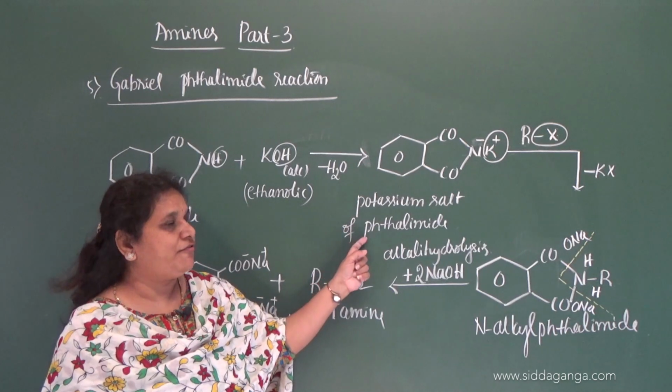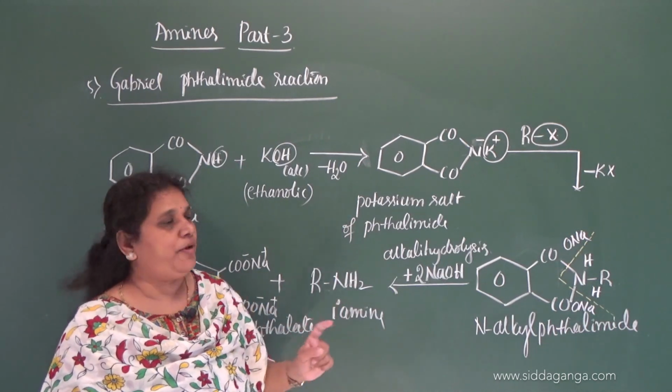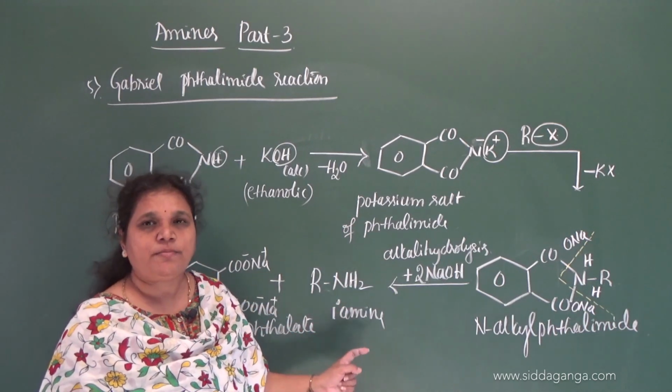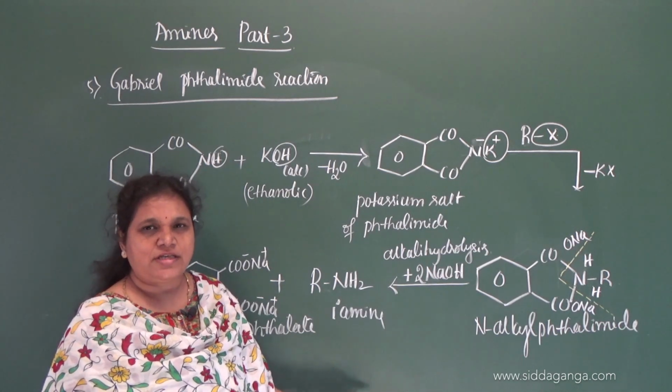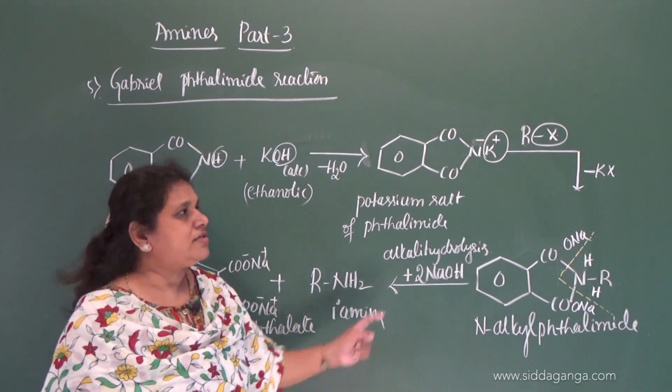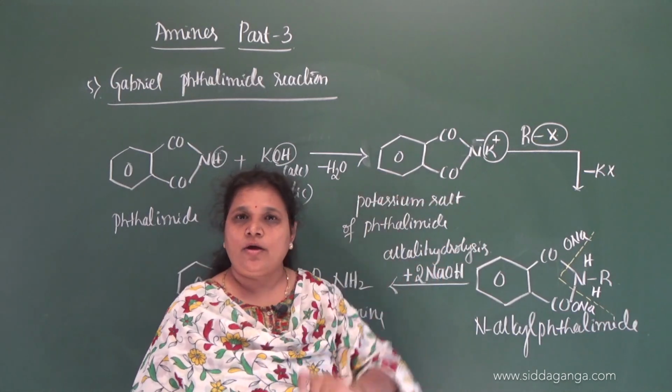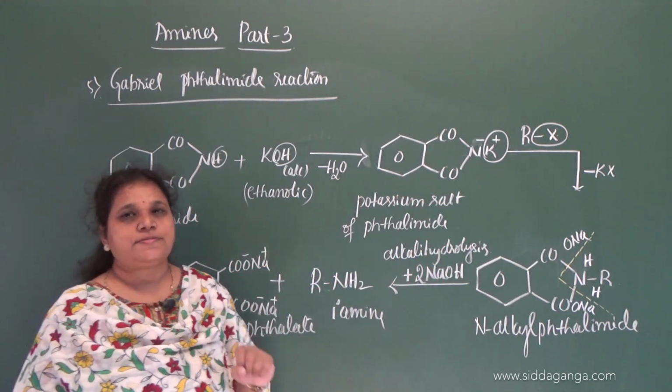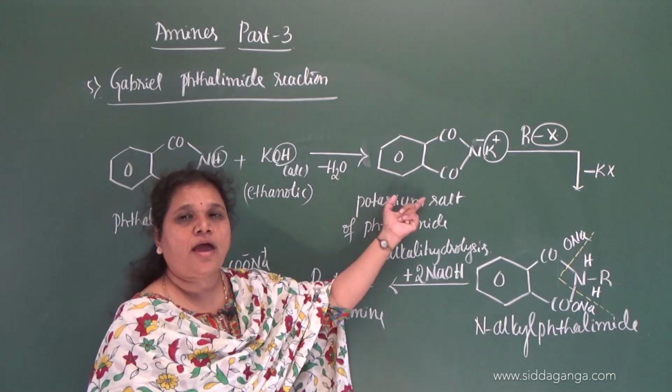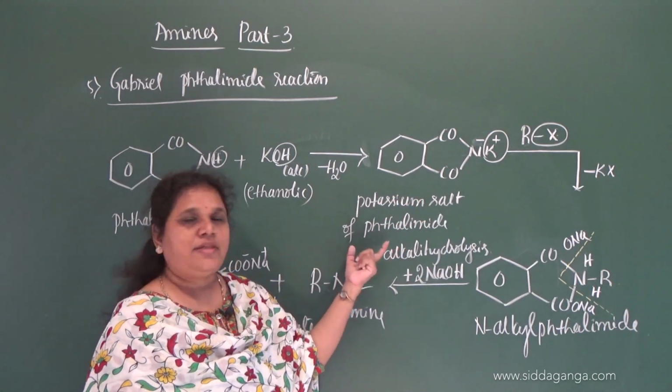In order to prepare an aryl amine we need to take an aryl halide, but it does not undergo nucleophilic substitution with the phthalimide anion. Therefore it is not a method to prepare aryl amine.